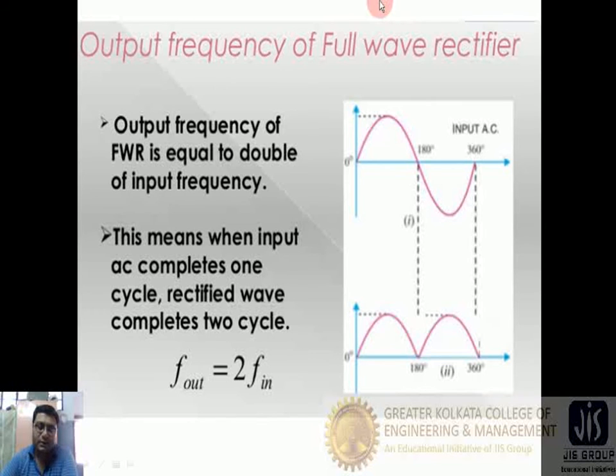You can see we get one positive peak for the positive half and another positive peak for the negative half of the input signal. So in this way we get two peaks of equal amplitude in a full wave bridge rectifier. That is why the output frequency is twice.